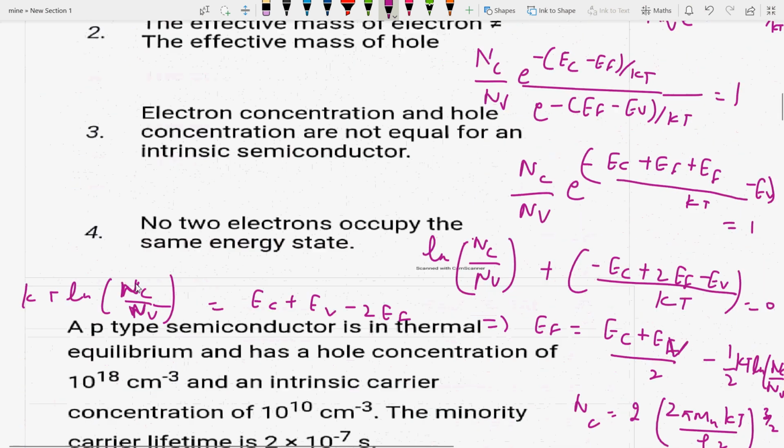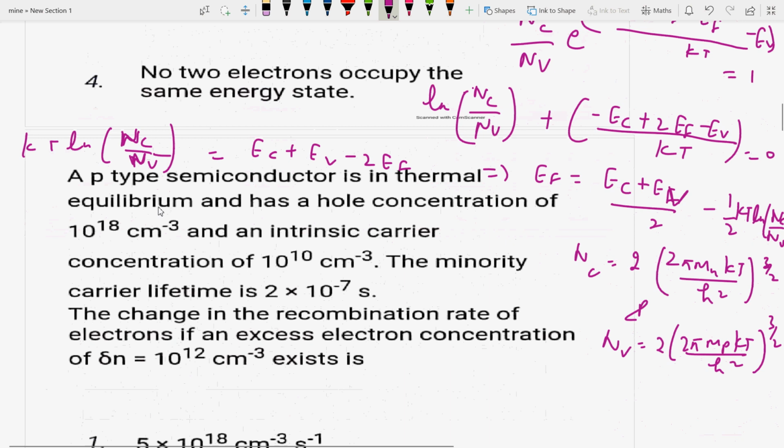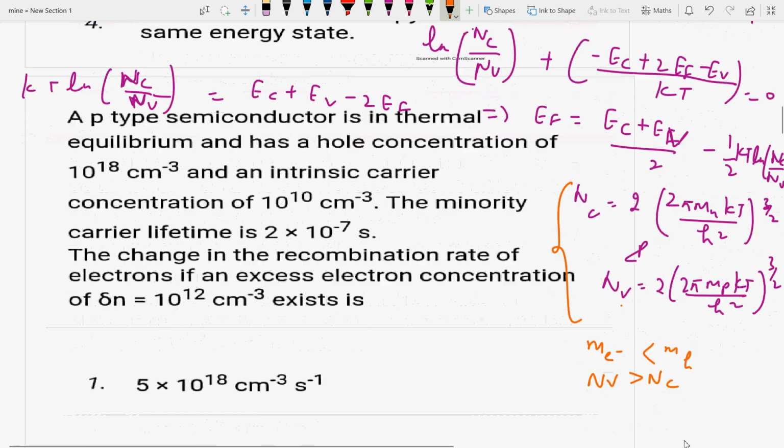Okay, so what I have calculated here, NC and NV. So the effective mass of an electron is less than that of the hole, so that NV is greater than NC and it affects the position of the intrinsic Fermi level.